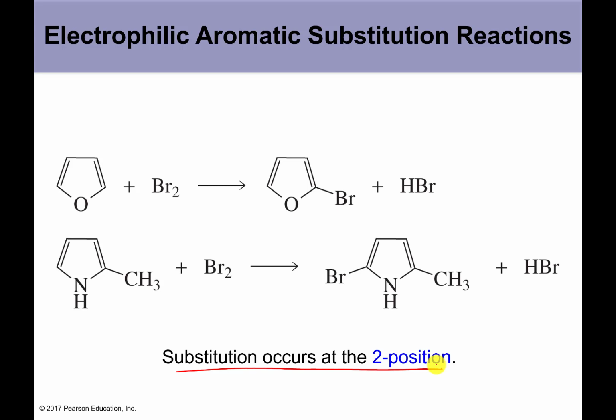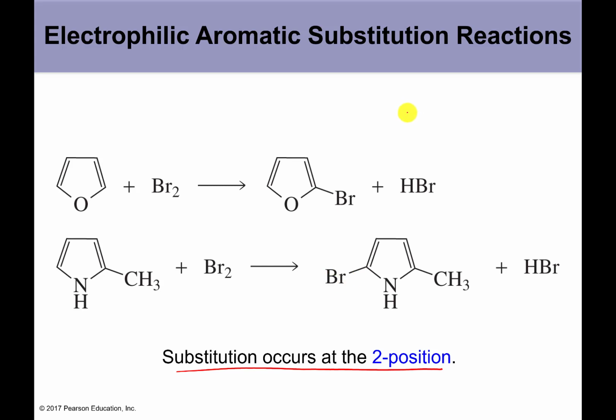Now, the only time it doesn't occur at the 2 position is when the position is blocked. And if you remember in the mechanism, that's what this methyl group is doing here, blocking that position. So if I do a substitution reaction on this, it'll go to the other side.